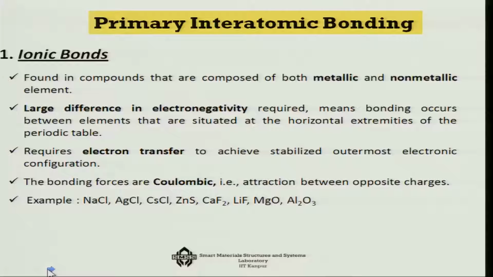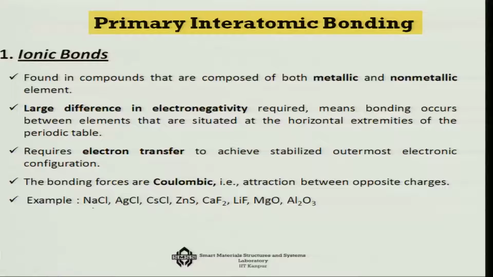Okay, so, first we will talk about the ionic bonds. Ionic bonds are found in compounds that are composed of both metallic and non-metallic elements, because you need to have one electronegative and one electropositive element in order to make an ionic bond. So, hence you will get compounds that will have a metallic part and a non-metallic part.